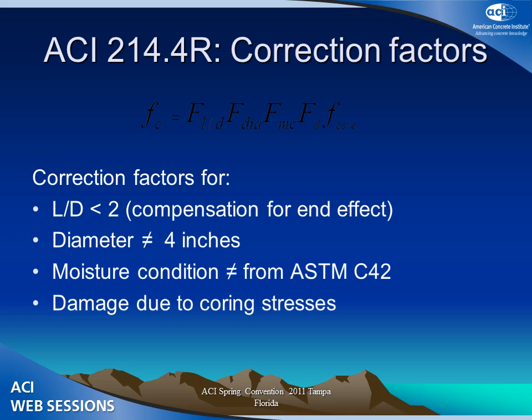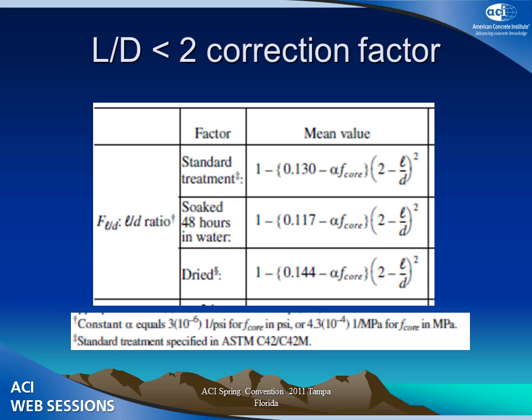And there's a moisture condition factor that you can use, and then the damage that has been talked about here by a couple of us. These are the tables from the document. We use the standard treatment equation in our calculations because we did use the standard treatment being what ASTM C42 discusses.